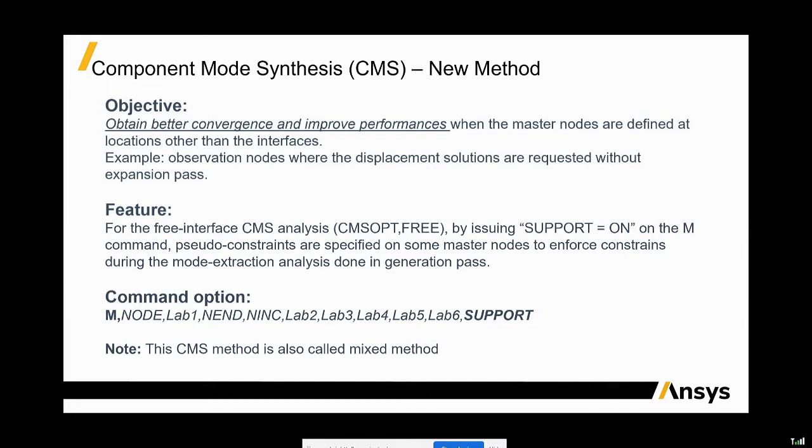When we're using the free option for component mode synthesis, we can turn support equals on in the M command. Then it creates pseudo constraints specified on the master nodes so that it enforces constraints during the mode extraction and the generation pass. It kind of tricks it into saying, hey, I really am constraining it here. You're not, but pretend that I am, so that the extraction goes a lot better. So there's the command right there. It's also called the mixed method.